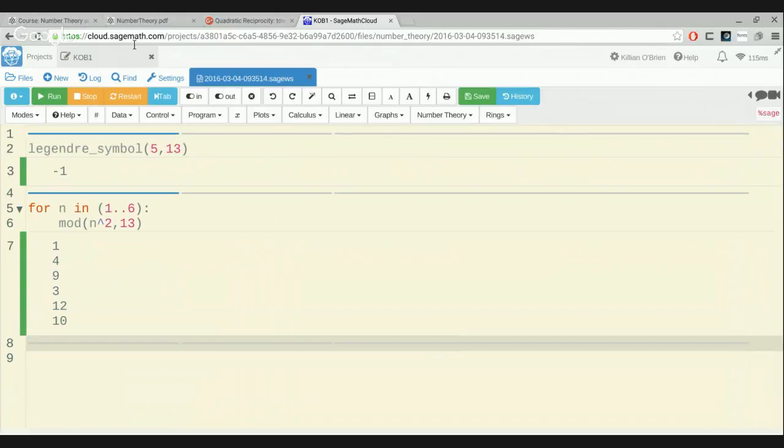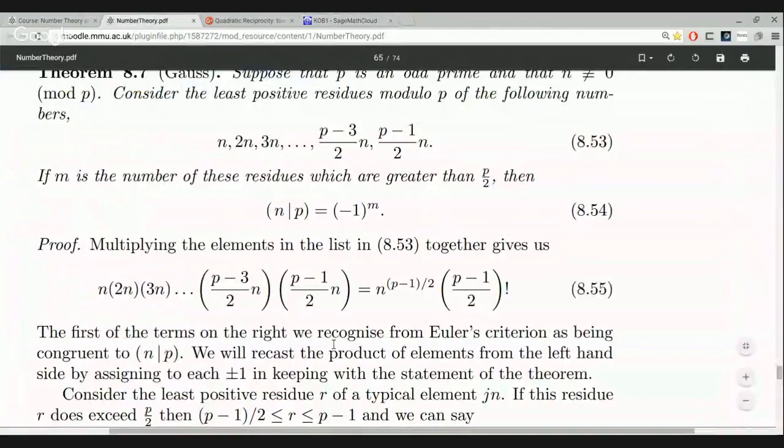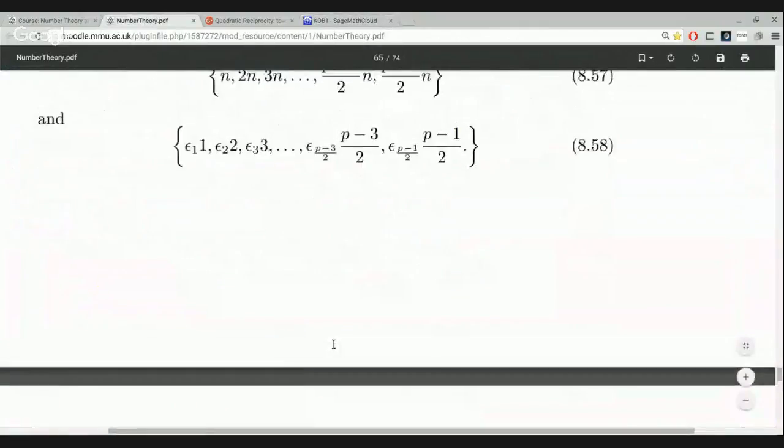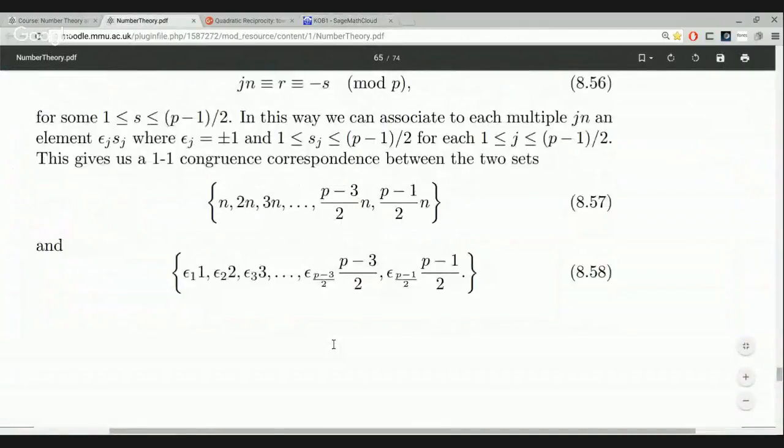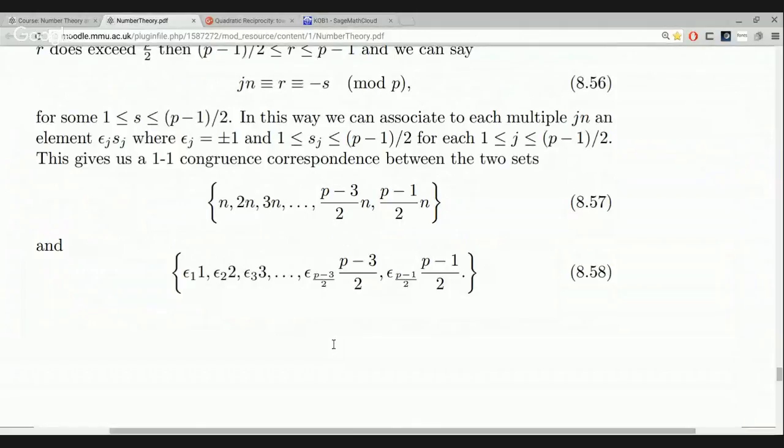Yeah, so you remember in the proof we had this thing which was difficult to state when we were bringing in these epsilon plus and minus signs. In this case, you see here we have the top set. That set indicated on line 8.57 is just this set of values here, 5, 10, 15, etc., up as far as 30.